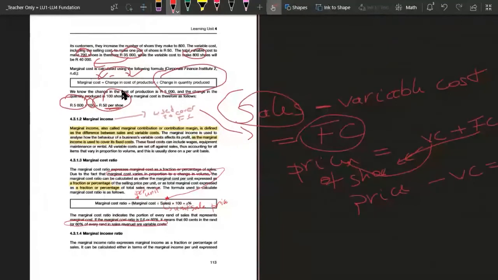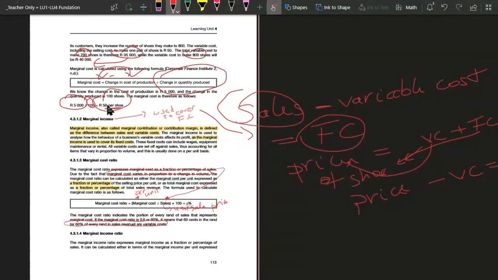When the quantity goes up, what happens? This marginal cost speaks more to the variable cost. So please remember that, right? We track the change and then we find the marginal cost per unit.